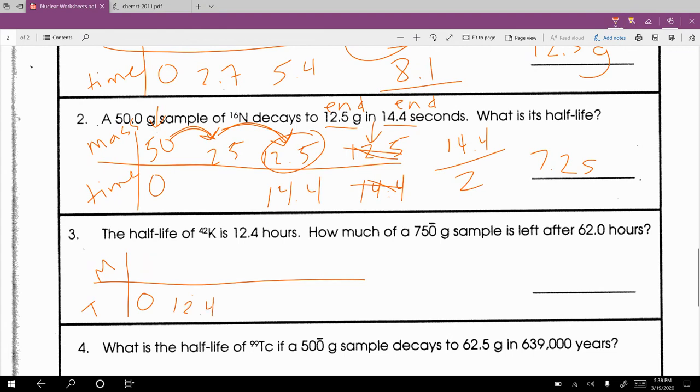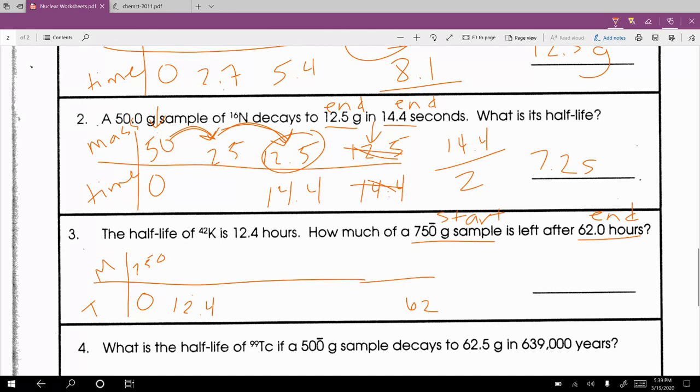How much of a 750-gram sample, so my good reading skills tell me that this is how much I have to start, is left after, this is my end time. So I'm starting with 750, and my end time is going to be 62 hours.